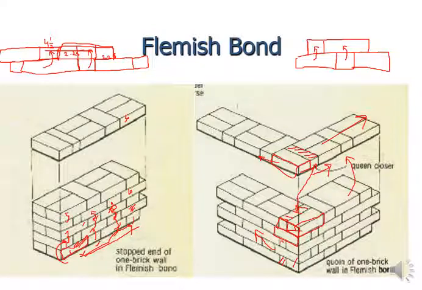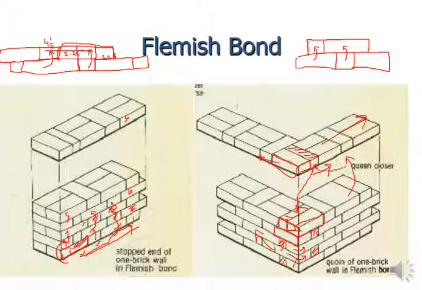Alternately in one directional wall, but in the other direction, where it is stretcher at the corner, you do not need a queen closure, but where the stretcher is converting into header, here you need a queen closure. So alternately you are going to place the queen closure in different directions.